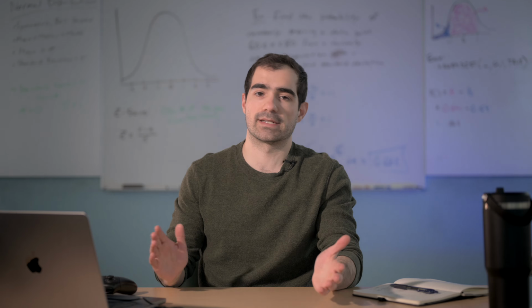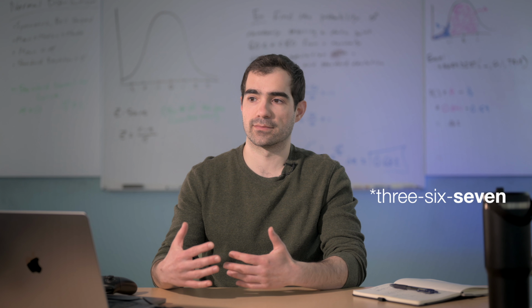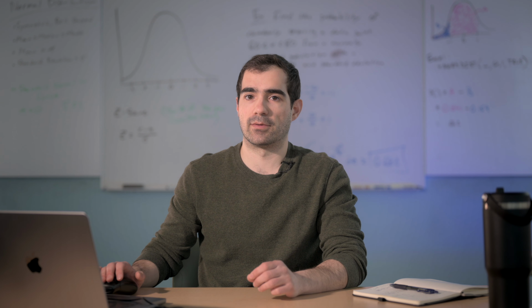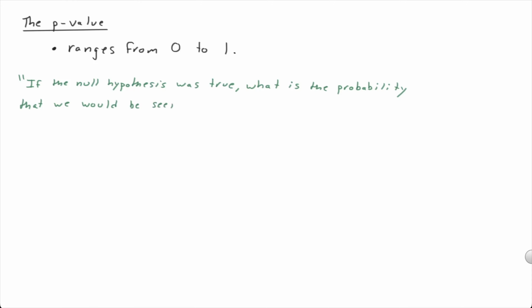But okay, what does that even mean? How do we interpret a value like 0.365, or really any p-value more broadly? A p-value is like a probability. It ranges between 0 and 1, and it tells us this: if the null hypothesis was true, what is the probability that we would be seeing a result this extreme from our sample?